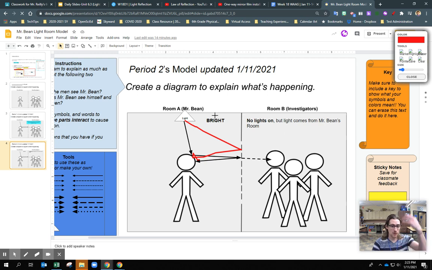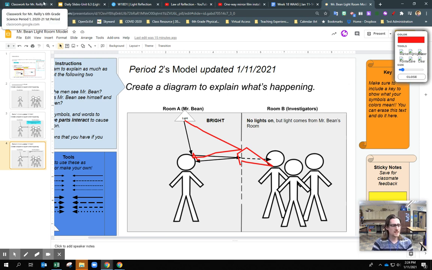Now we're realizing it has to go to Mr. Bean and bounce off in that reflection process in order for him to be able to see his own reflection, his own image. And the same is true for those investigators. We can see that some of the light is going through and some of the light is being reflected off as it bounces off of Mr. Bean's figure, off of his head.